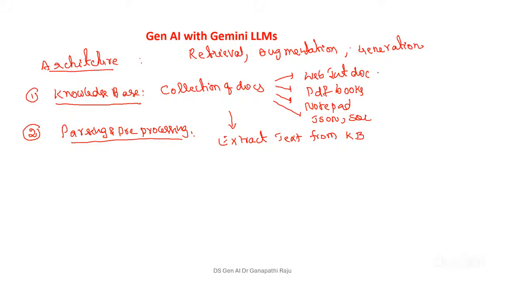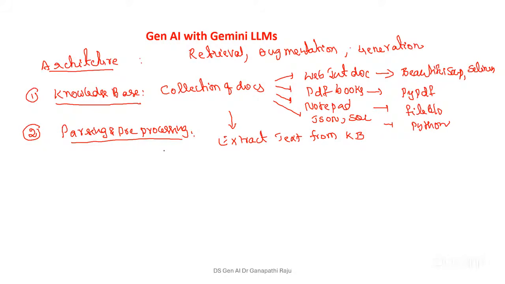In order to extract from web documents, generally we will use either Beautiful Soup or Selenium. From PDF documents, we'll use the PyPDF tool. From notepad documents, we will simply use file I/O. From JSON or SQL, we can access it with Python tools.